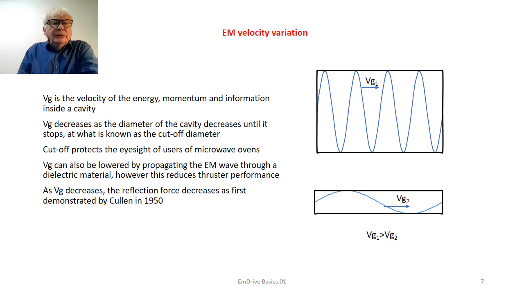The other important thing to stress is we've already said that as Vg decreases, the reflection force also decreases. So if you do reach cutoff situation, then the force at a reflector at this diameter will be 0.